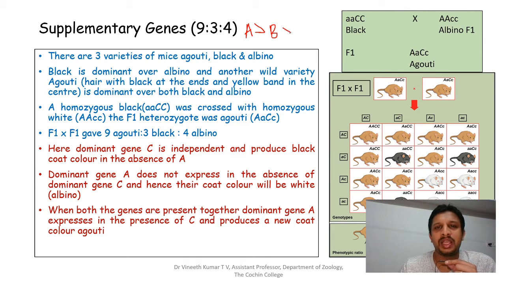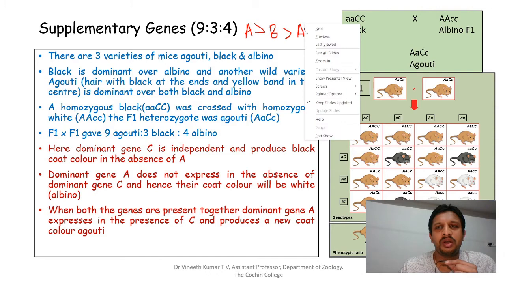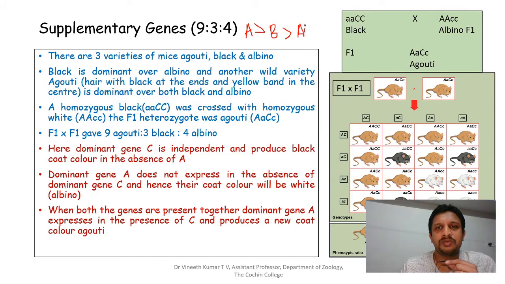So if you take the hierarchy, it will be like this. I'm marking this for albino or white. Albino is the one which is recessive to both black as well as agouti. Agouti is dominant over black as well as albino or white. So this is their dominance hierarchy. Agouti is dominant over both black and albino, and black is dominant to white or albino. So albino is the one which is recessive in this group.